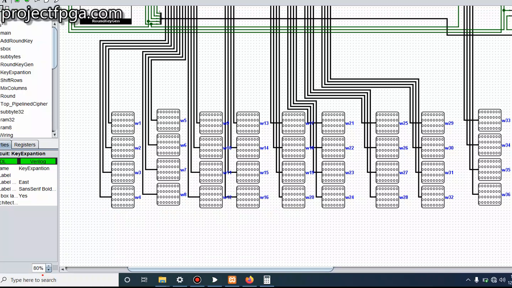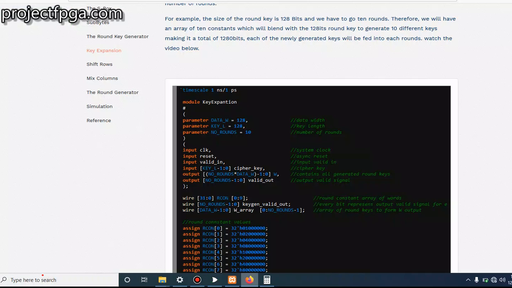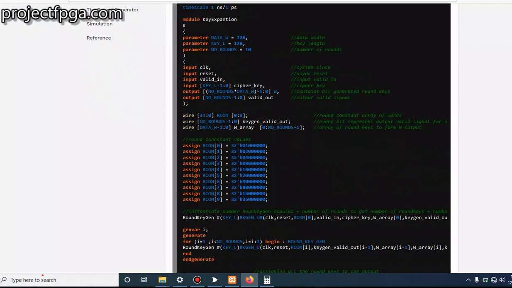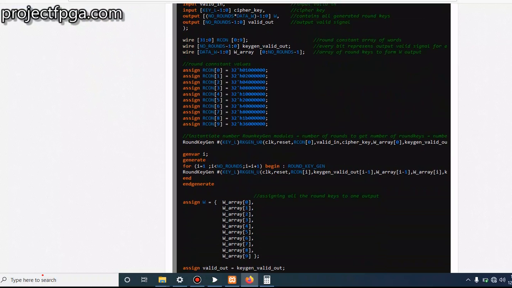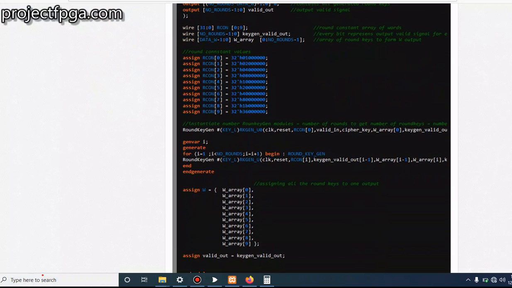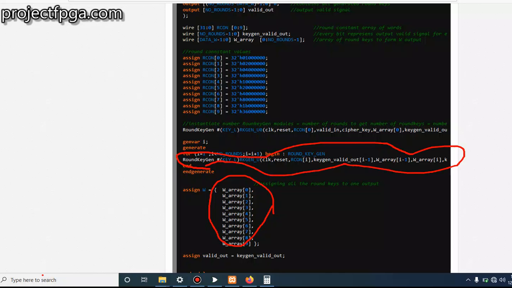Please go through the tutorial on the website. You see the code there, read it, it's very easy to understand. This is where we sum up the newly generated outputs, we call them W. This is where the round key generator was added as a subcircuit.